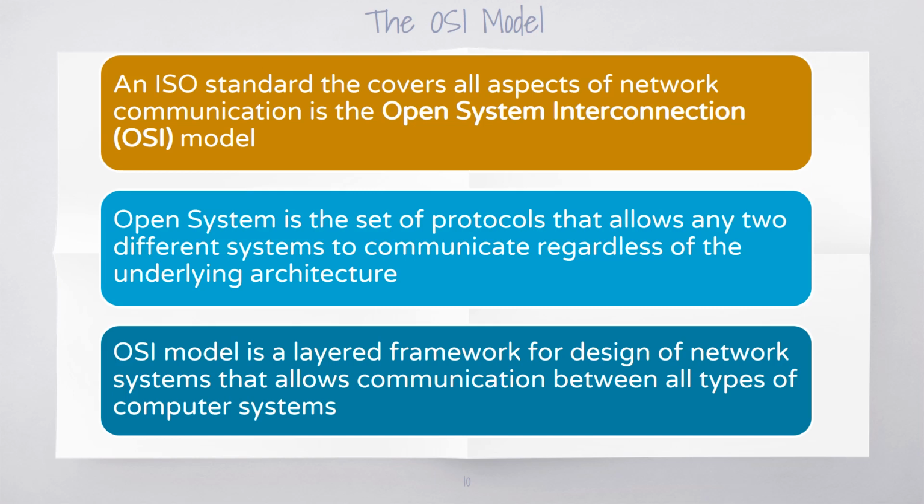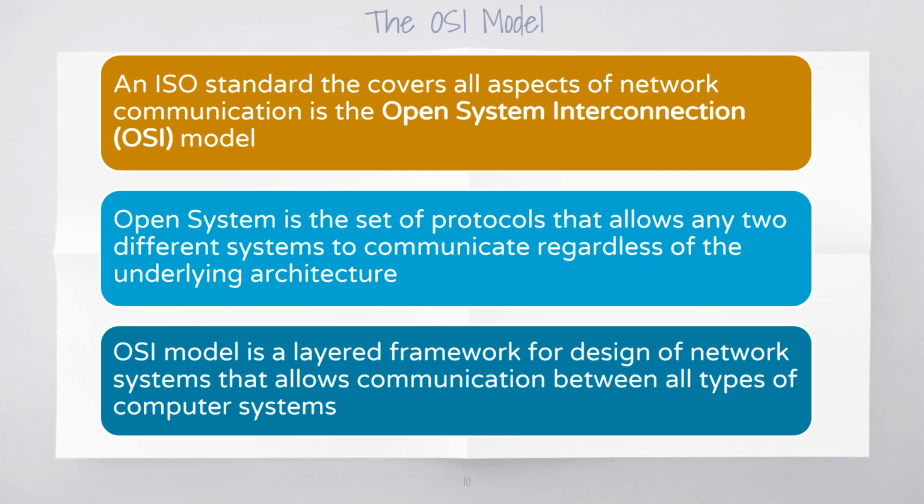The ISO standard that covers all the aspects of network communication is referred to as the Open System Interconnection model. The open system is basically a set of protocols that allows two different systems to communicate regardless of the manufacturers or the underlying architecture.